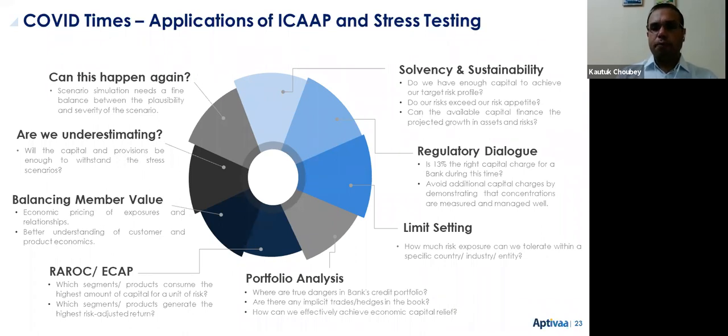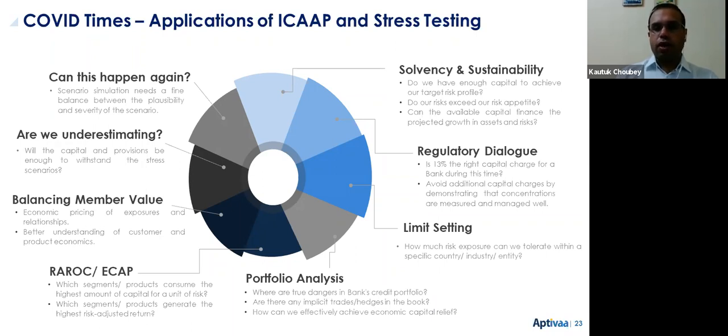Can the available capital finance the projected growth in assets and risks? Obviously the bank needs to check whether the projections can be met or not, or if any revision is required in its overall strategy.